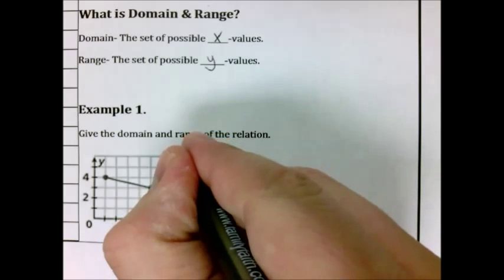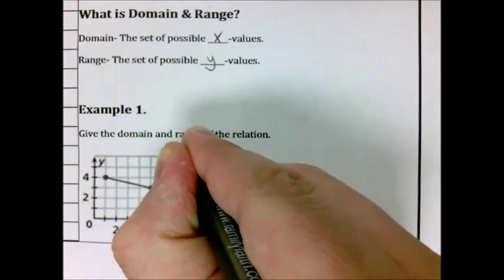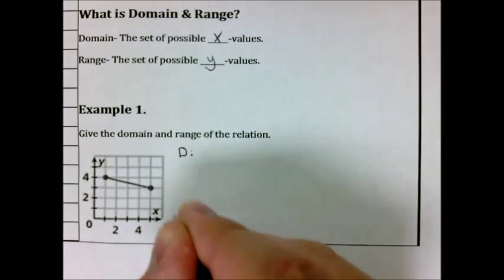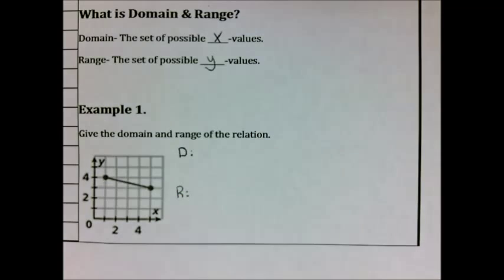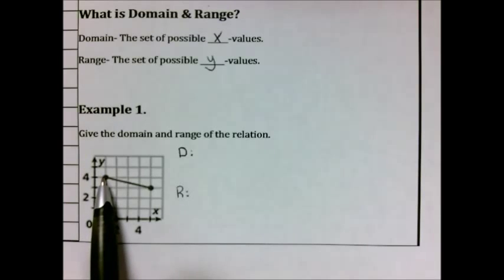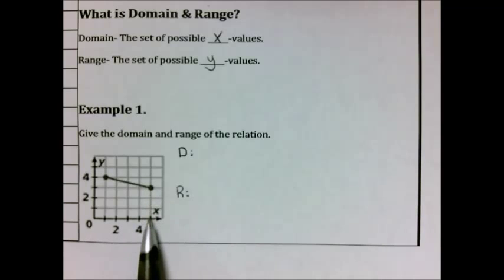Okay, so domain you can write as just a D, and range we can write as this little r right here. So if we're looking at domain, remember domain is the set of possible x values. And we're looking over here at the graph. There is a line segment from the point where x is 1 and it goes all the way to where x is 5 over here.